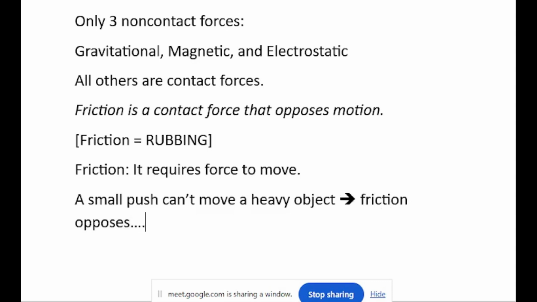That is because friction opposes, and you get a balanced force. The push is equal to the friction, but in the opposite direction. So what happens? They form balanced forces.